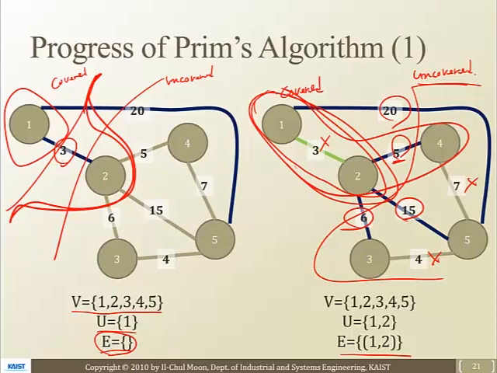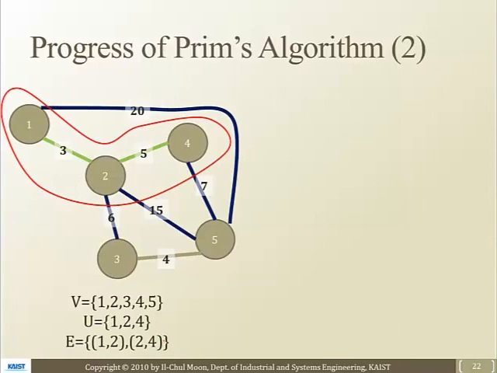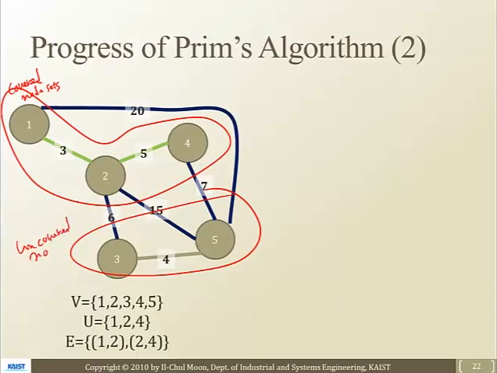This is going to be our next covered node set, and this edge is included here. This is our covered node set, and this is our uncovered node set. Then this edge 2 is selected to make the minimum spanning tree.